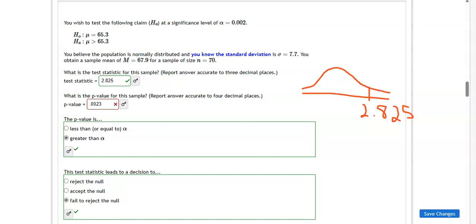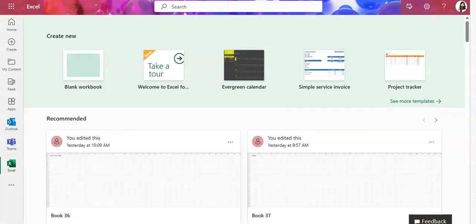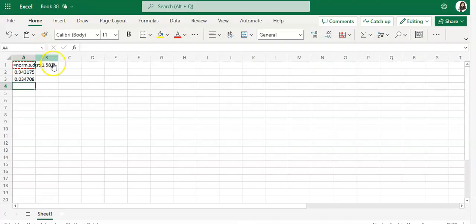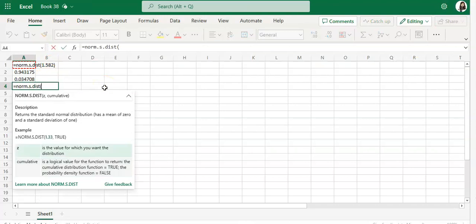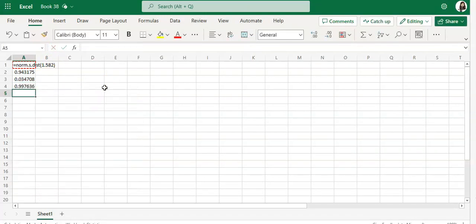So I'll look up 2.825 on Excel. Oh, I've got to get out of draw. Okay. So equal norm.s.dist, 2.825, true. And we get 0.997636.